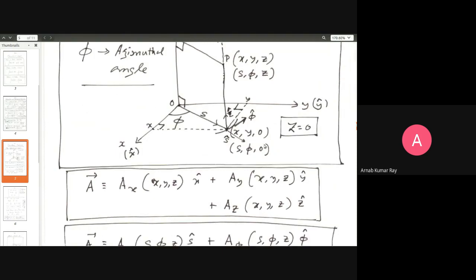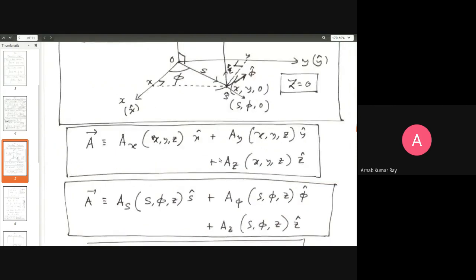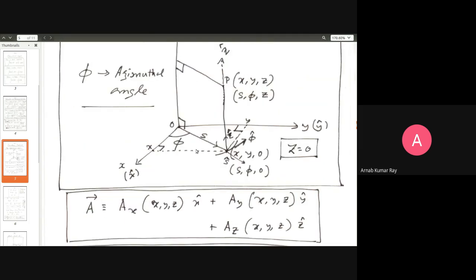Now this vector can also be represented in terms of the s, phi, z system. For instance, if I were to talk about the radial vector on the xy plane, it will be along this direction, so it will be vector x plus vector y. I can write it in terms of the vector s itself.